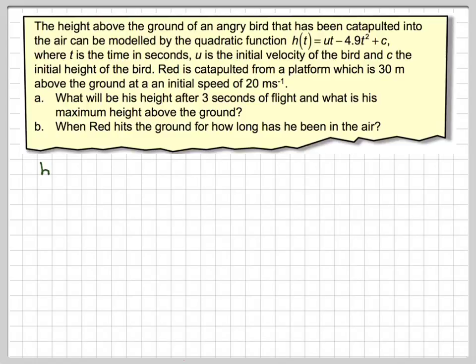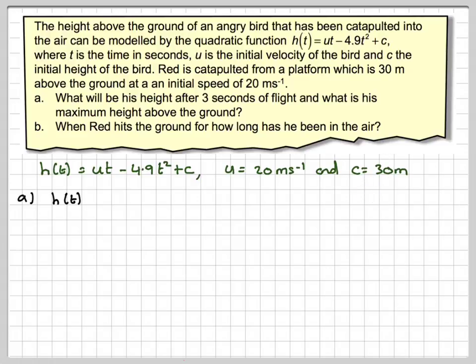So h(t) is going to be equal to ut - 4.9t² + c. So u is 20 meters per second, and c is 30 meters. So h(t) is going to be 20t - 4.9t² + 30, because the initial velocity was 20 in the question and the initial height is 30.